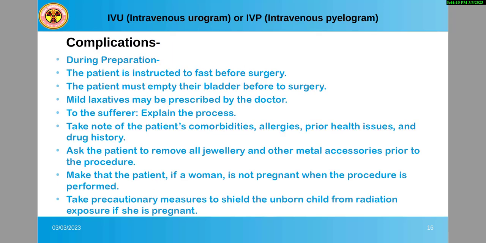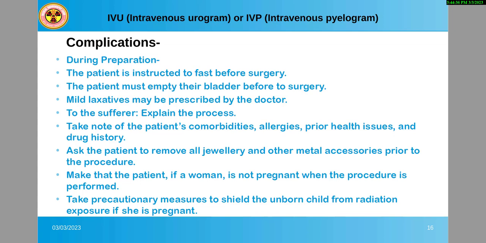Complications. During preparation, the patient is instructed to fast before the procedure. The patient must empty their bladder before the procedure. Mild laxatives may be prescribed by the doctor. Explain the process to the patient. Take note of the patient's comorbidities, allergies, prior health issues, and drug history.